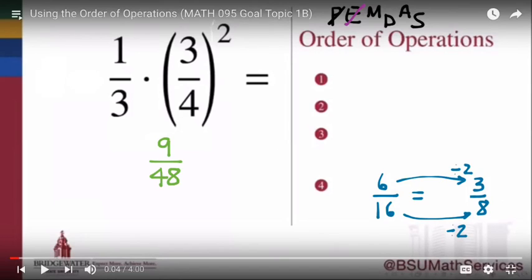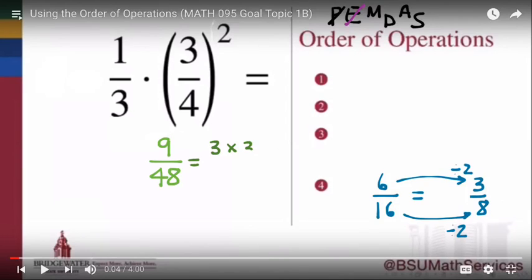So come back to 9 over 48 for a second. Is there any number which both goes evenly into 9 and evenly into 48 that's bigger than 1? Yeah, 3. So it was a little harder to spot in this example because it's easier to spot when a number is divisible by 2, just when its one's digit is an even digit, than it is to spot when something's divisible by 3.